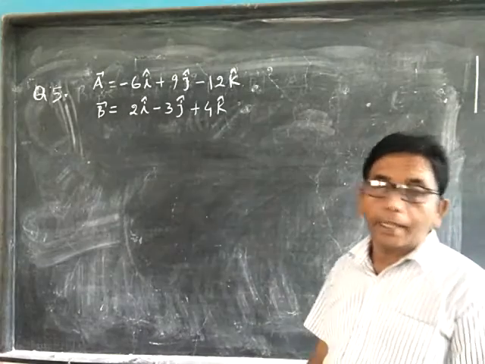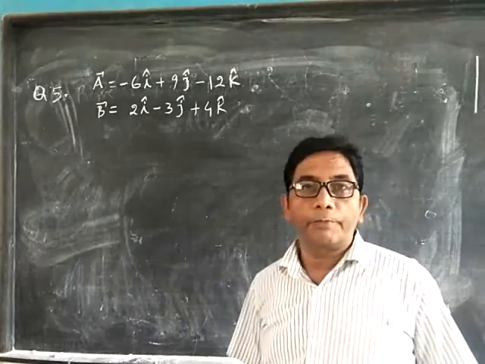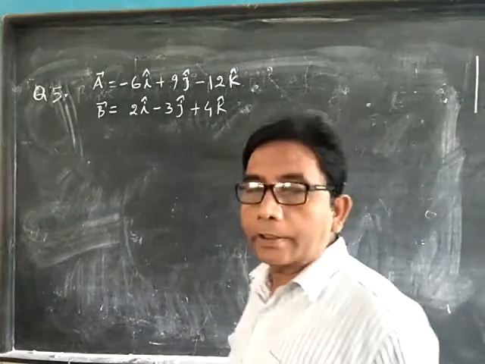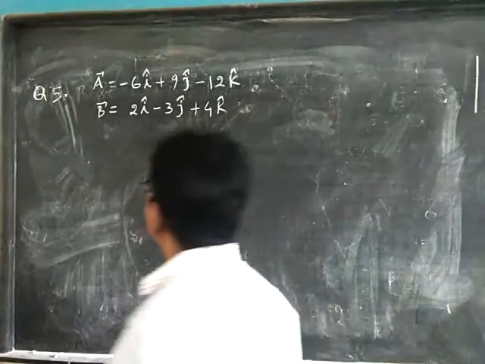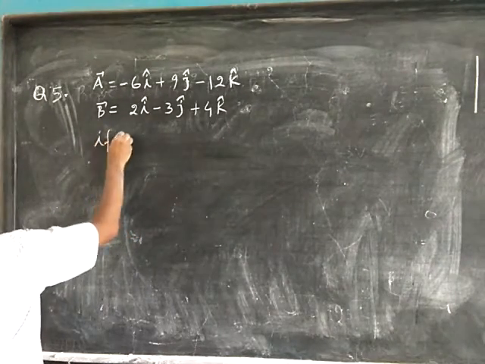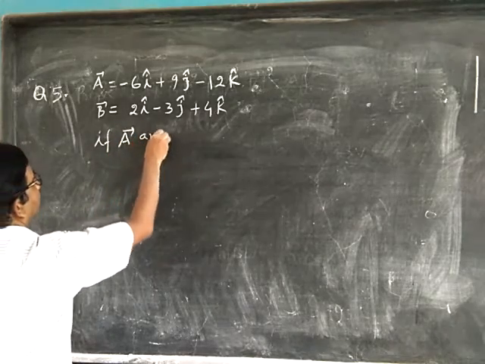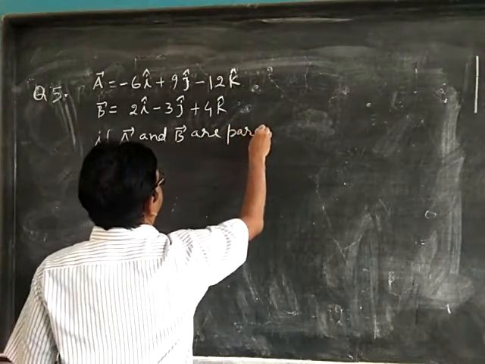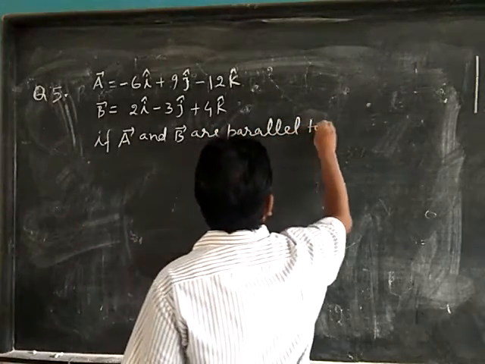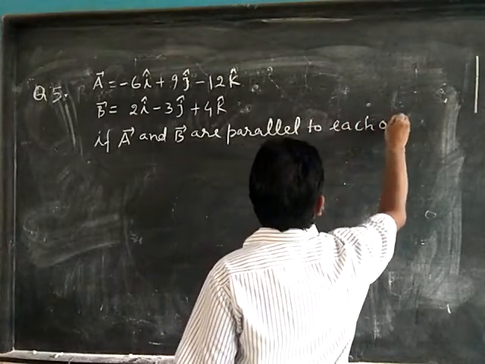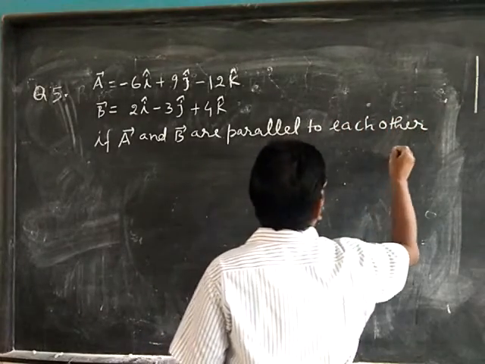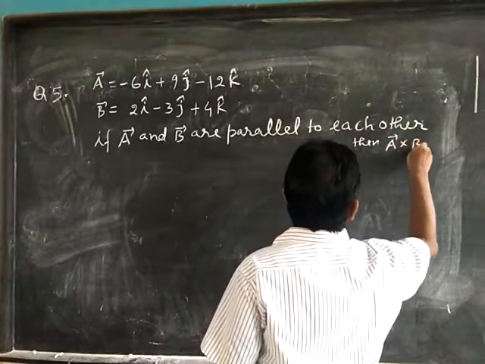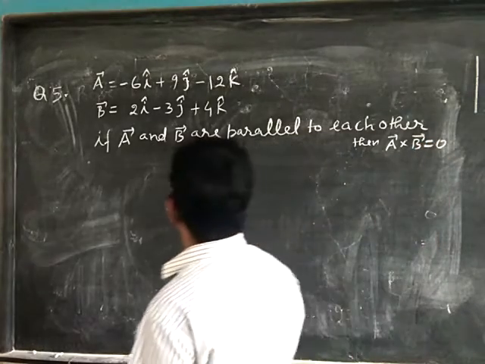If vector A and vector B are parallel to each other, then vector A cross vector B is equal to 0.